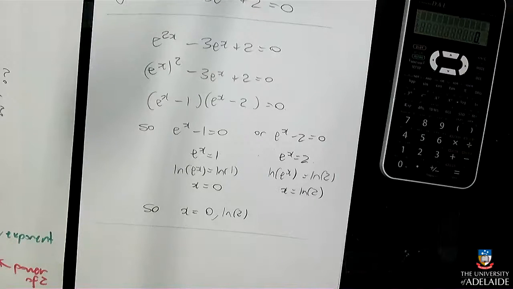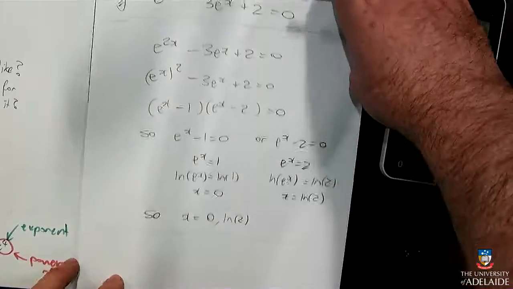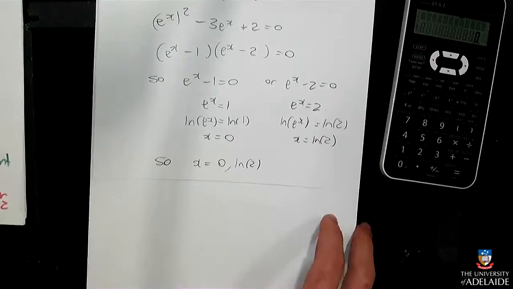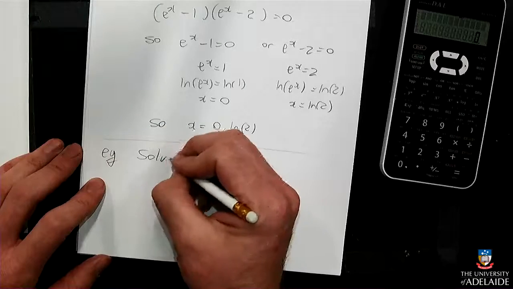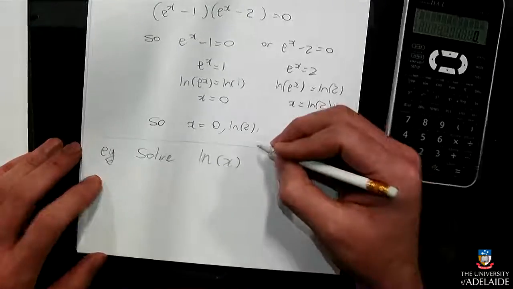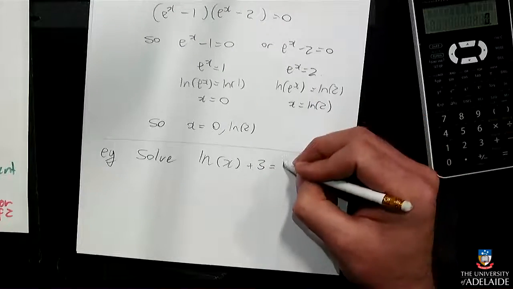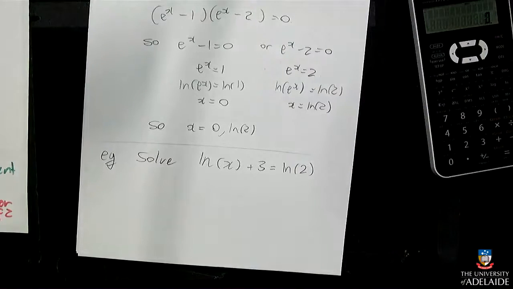Okay, so I've solved some equations that have got exponentials in them. What if I attempt to solve some equations that have logarithms in them? Okay, ln x plus 3 equals ln 2.